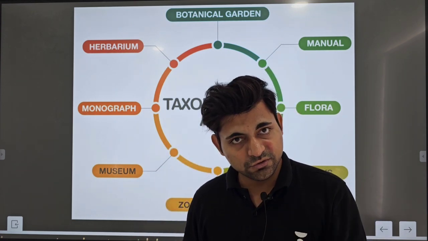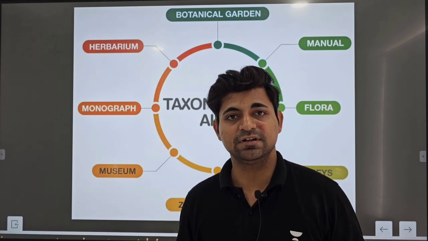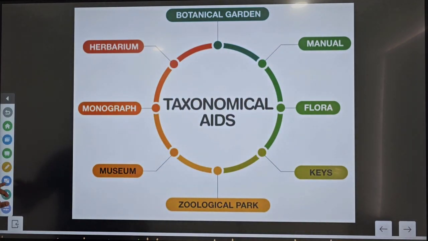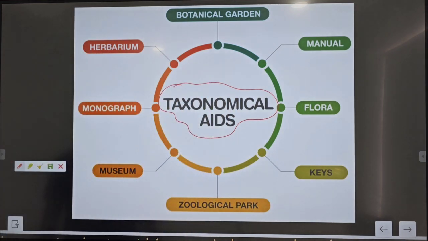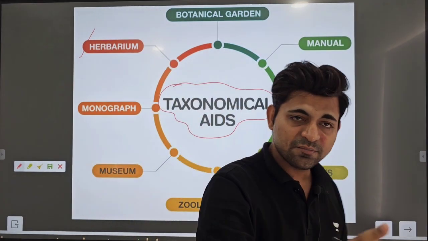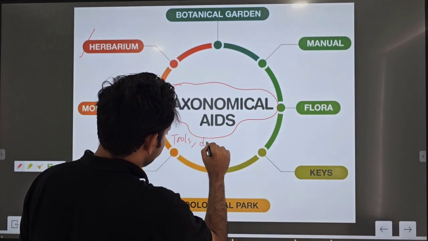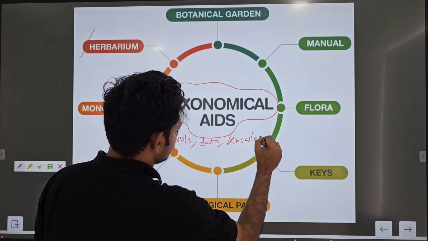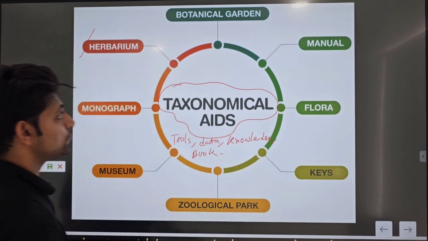All these tools, this knowledge base, you can even use software nowadays, it's available. All this together is called taxonomic aids. So what are the taxonomical aids? Taxonomical aids means the tools and database. It can be the tools, the data, the knowledge base, the book, anything which is related to it.